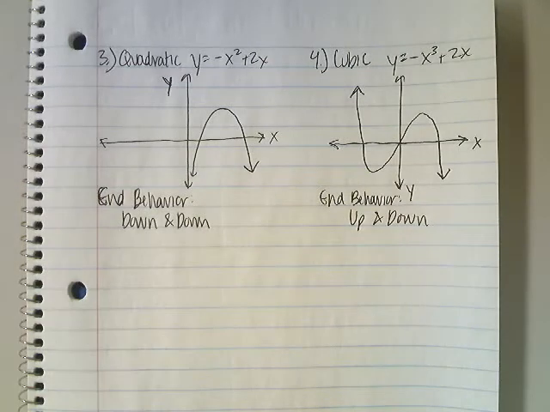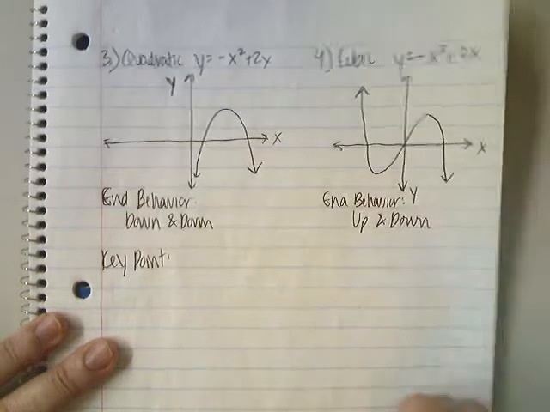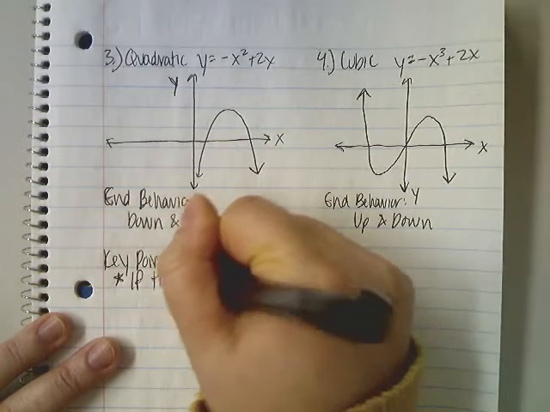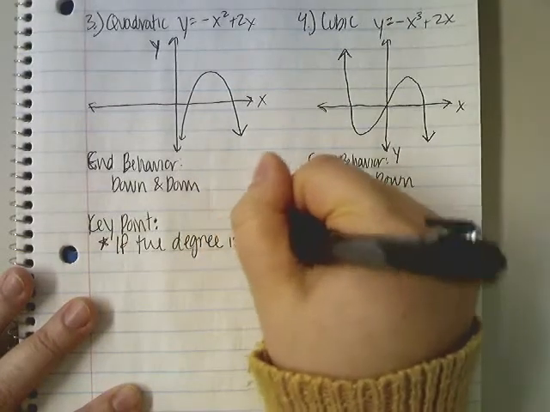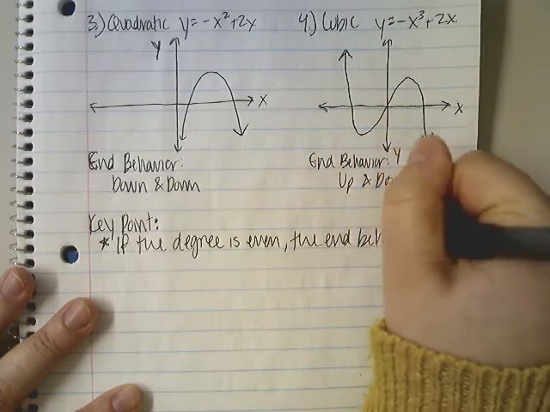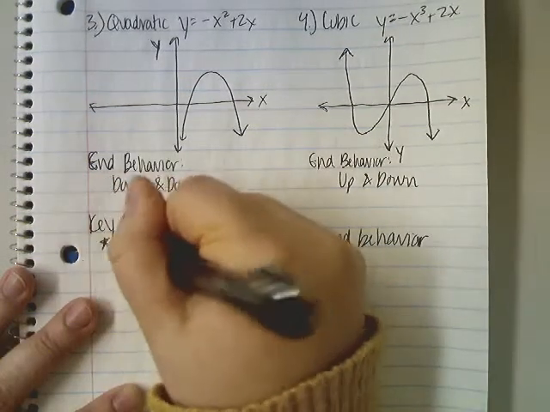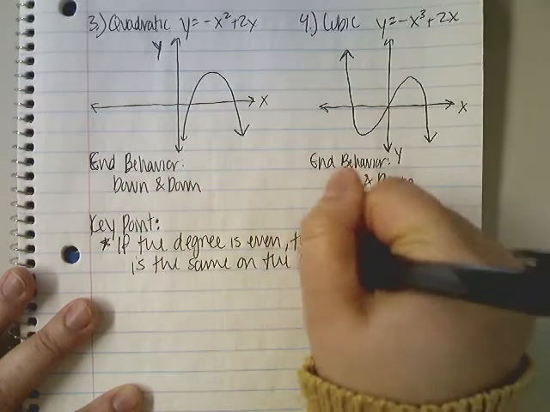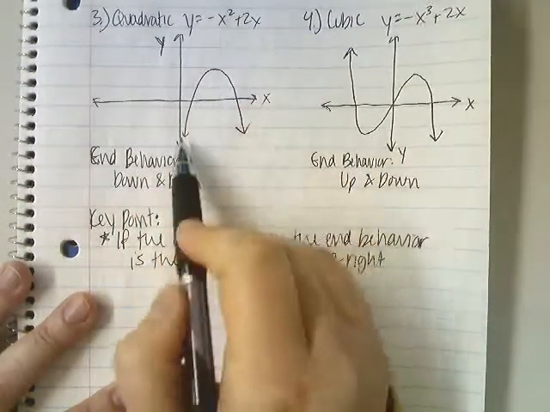But this follows a pattern. And so our key point is going to be the pattern that this follows. So our key point here is if the degree is even, the end behavior is the same on the left and right. So if we look at our even quadratic, it's to the second power, it's down and down.